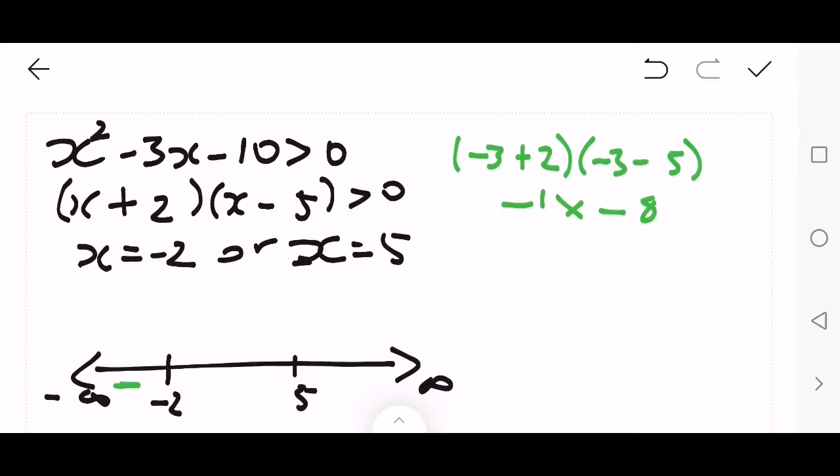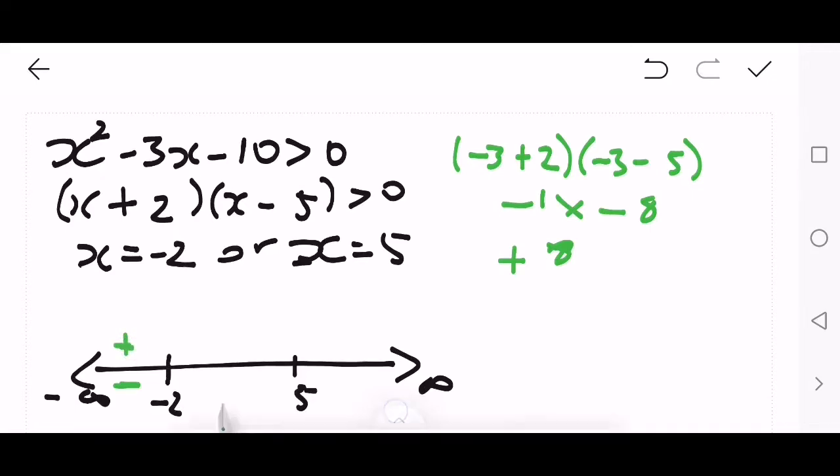Negative 1 times negative 8 will give us 8. So now we should just indicate that we get a positive answer this side.